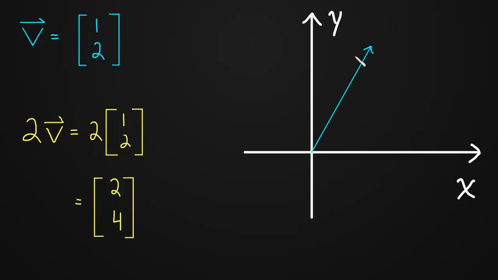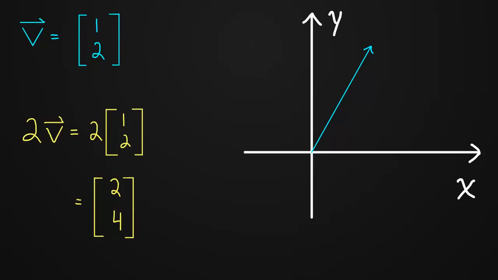Here is 2v. It's twice as large. You can see there's v, and when we multiply by 2, it makes it twice as long. It changes the length by a factor of 2. Okay, there's nothing fancy about that.